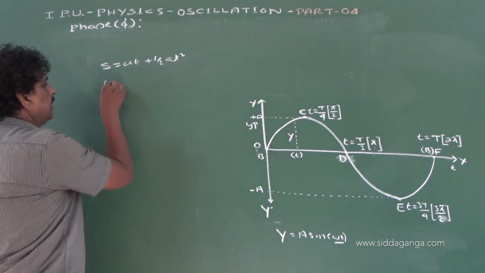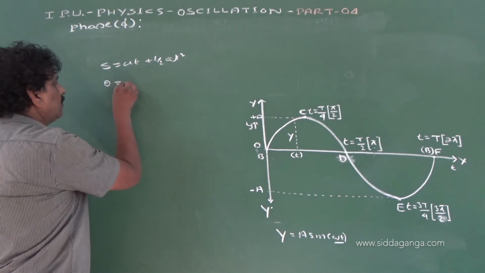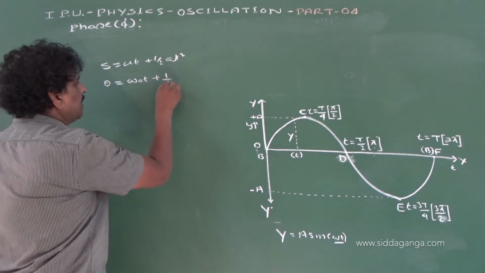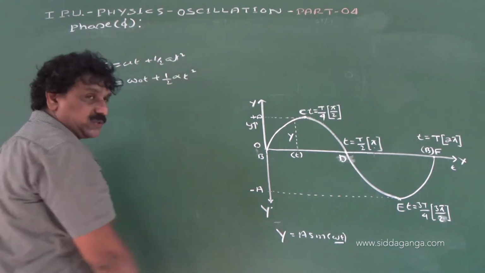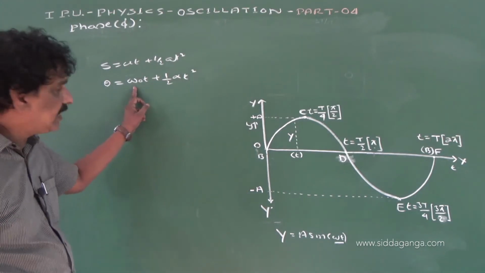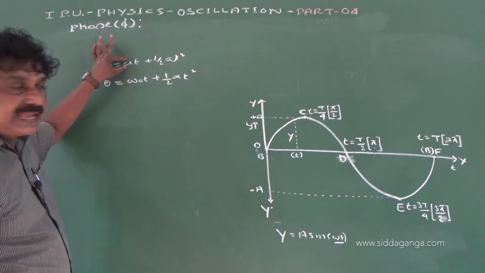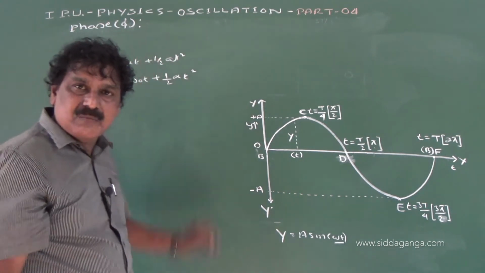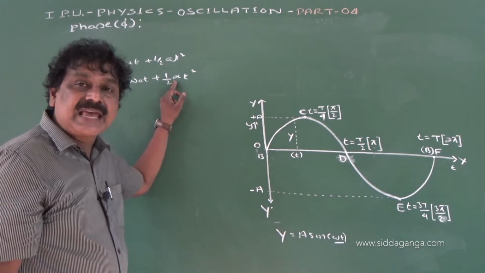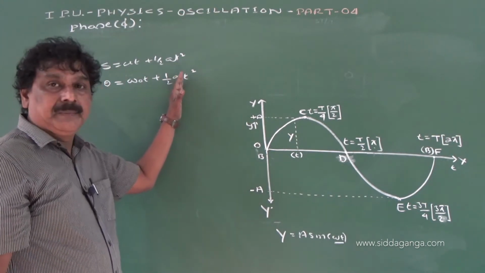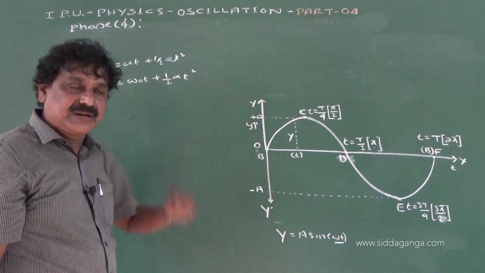That is theta is equal to omega naught t plus half alpha t square, where omega naught is the initial angular velocity. Here u is linear velocity, a is linear acceleration for translational motion, and alpha is angular acceleration for rotational motion.